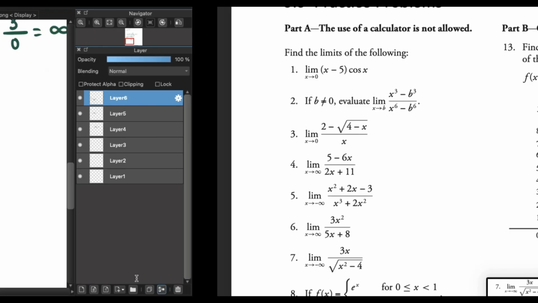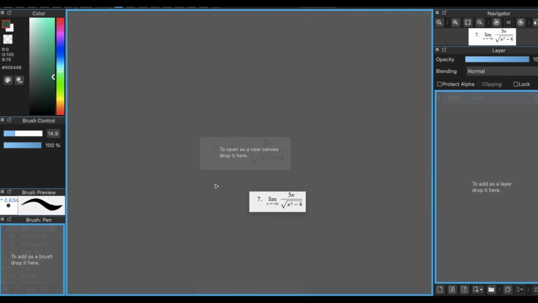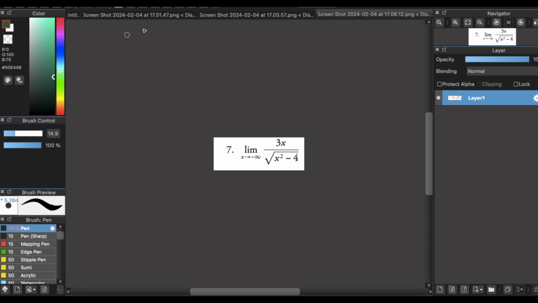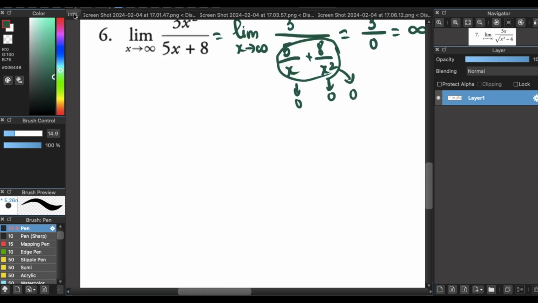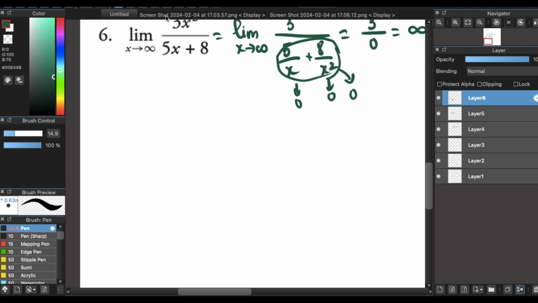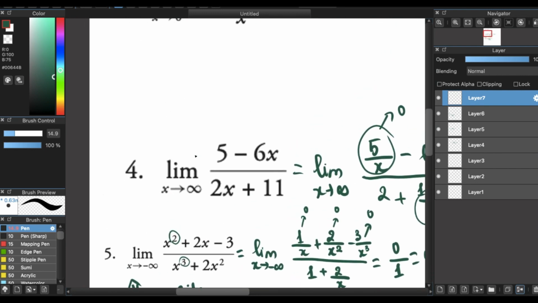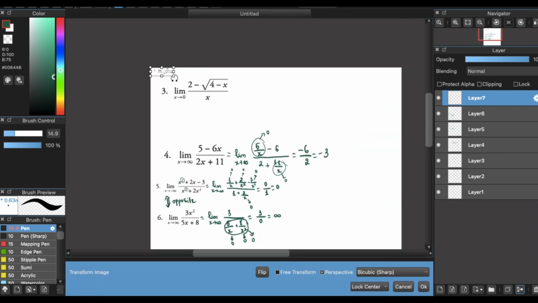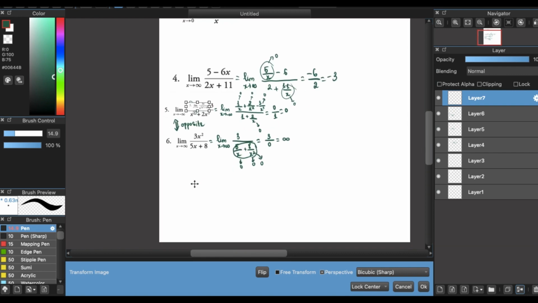Example number 7. Okay, just like that. And I'm going to paste our function right here.